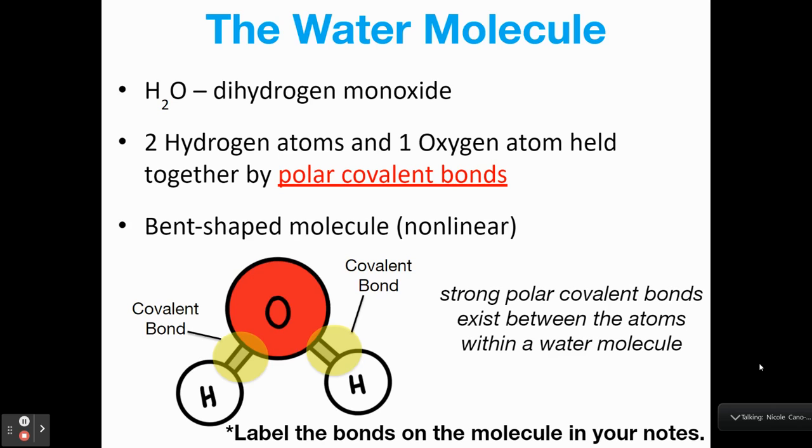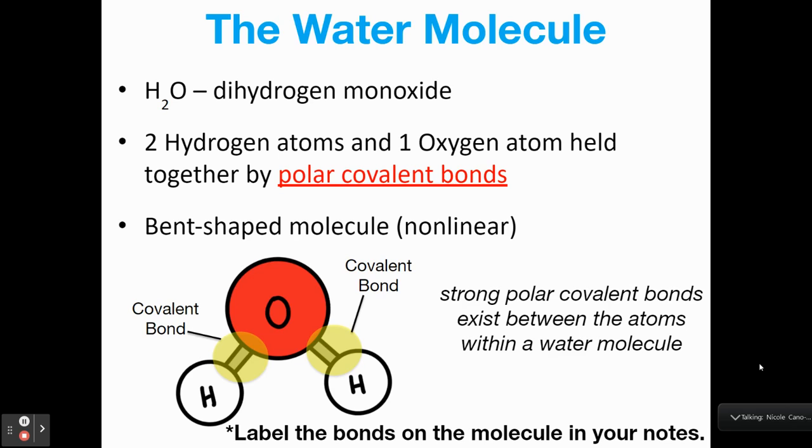So that strong pull from the oxygen creates that slightly negative charge on the oxygen side. The fact that hydrogen doesn't always have those electrons, because it's not being shared with equally, means that it has a slightly positive charge on the hydrogen side. And that's what makes it a polar covalent molecule.